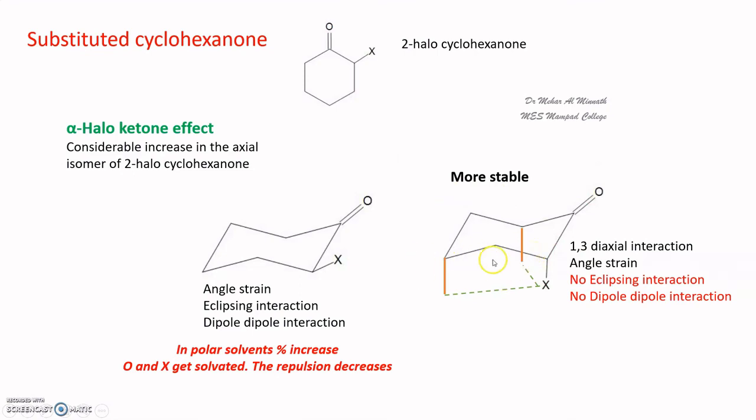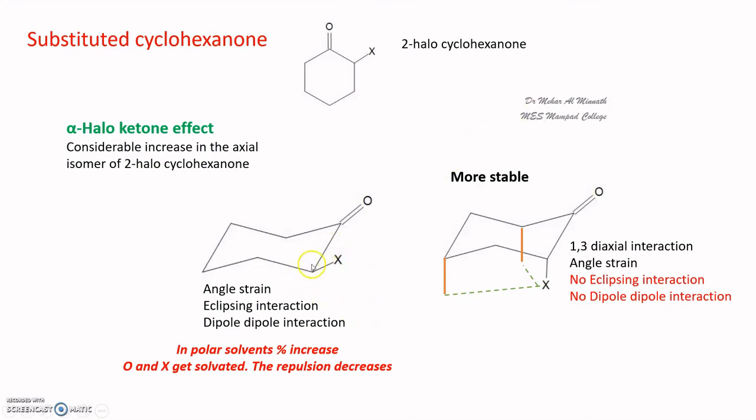Now when we change the solvent polarity, in polar solvent, the concentration or the amount of equatorial form increases. That's because the polar groups, that is the halogen group and the oxygen group, will be solvated, and the dipole-dipole repulsion decreases. They will be solvated and they will be shielded from each other.